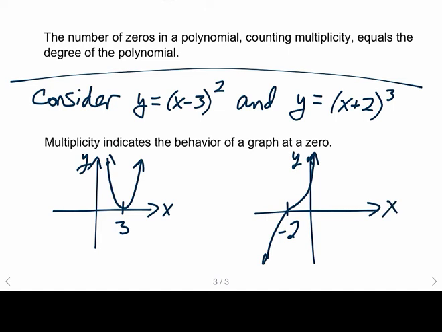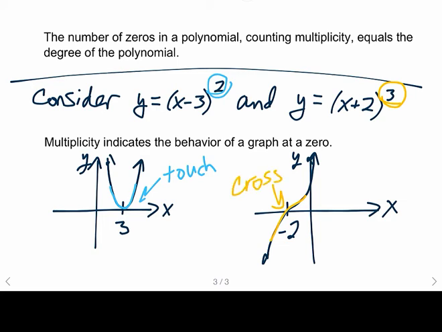I see for y equals x minus 3, the quantity squared, we have a graph that bounces off of the x-axis at x equals 3. And we're going to refer to this as touching the x-axis. Alternatively, when the exponent is 3, as in y equals x plus 2, the quantity cubed, we have a graph that crosses the x-axis at that zero.